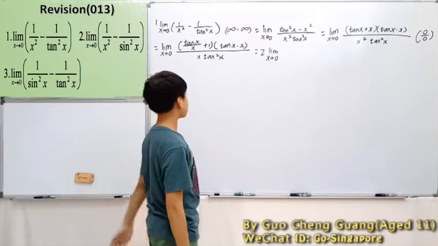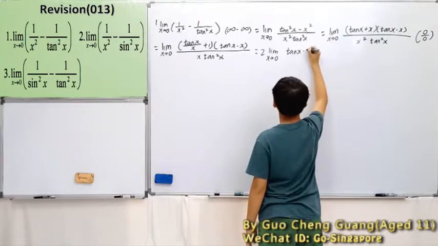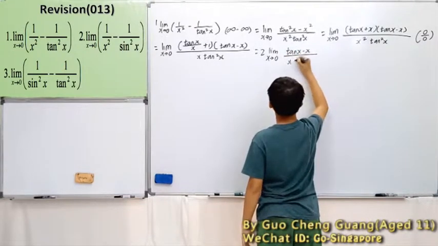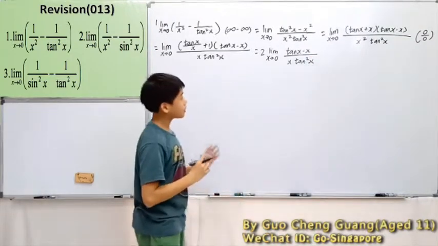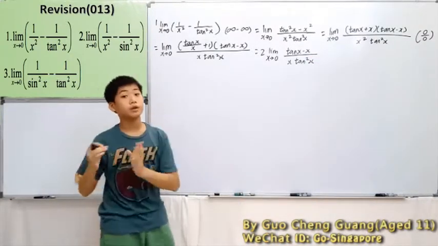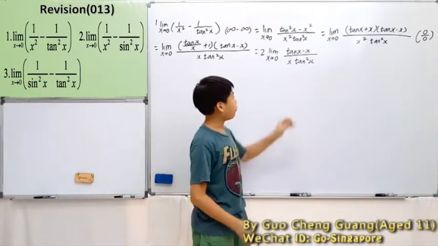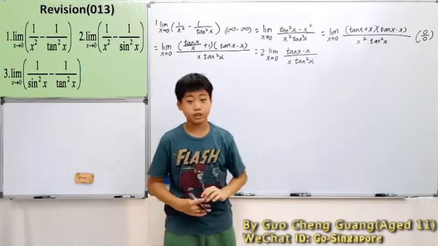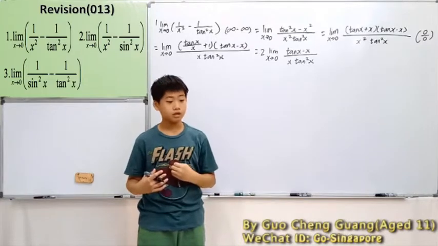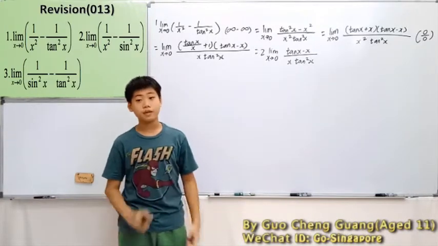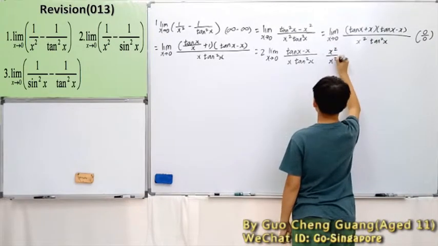But how about that tangent x minus x at the numerator? That might be a little bit more difficult, so maybe we put it later. But how about the tangent squared x at the denominator? Now tangent squared x at the denominator, you could also use special limit number 1. So you can multiply by x squared over x squared.